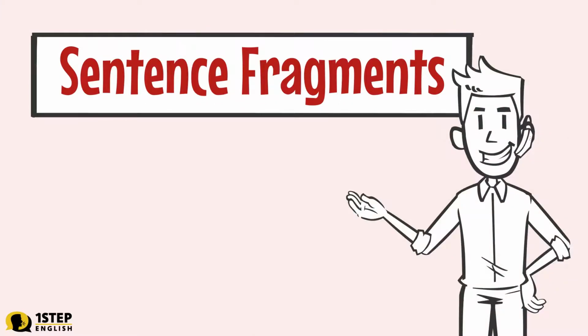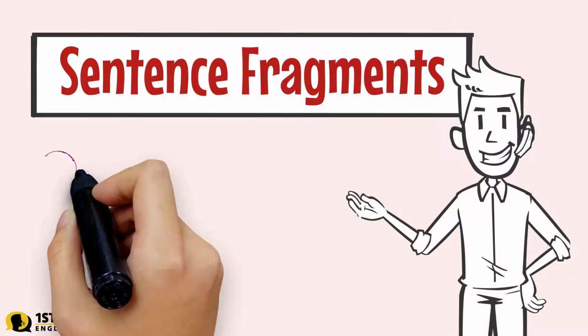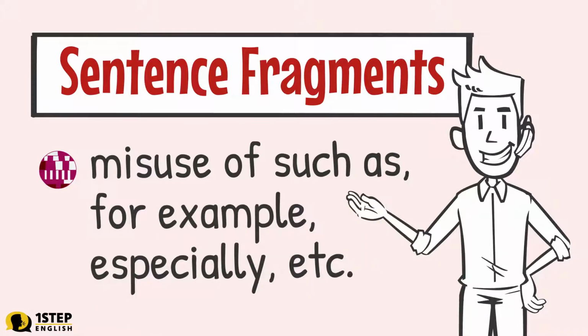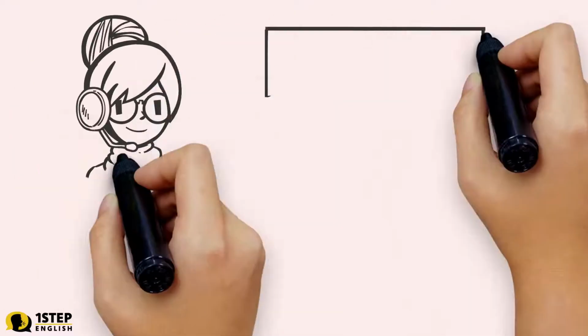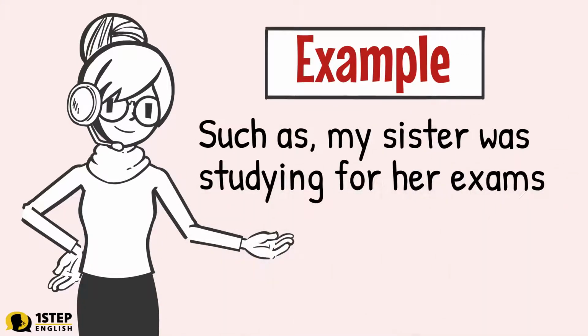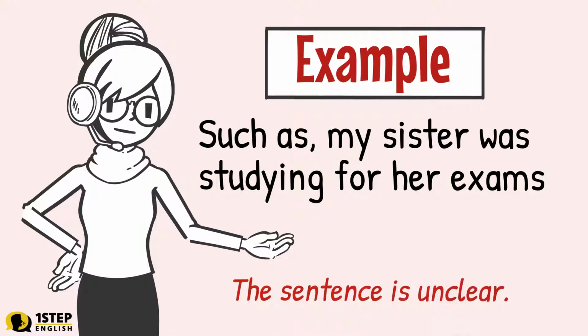You may identify a sentence fragment with the following. A sentence fragment may misuse such as, for example, especially, etc. For example, such as, my sister was studying for her exams. The sentence is unclear.